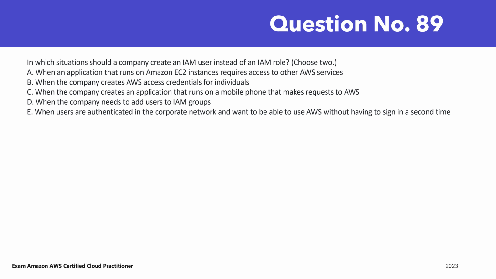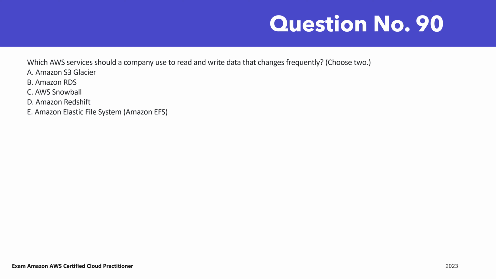D. When the company needs to add users to IAM groups. E. When users are authenticated in the corporate network and want to be able to use AWS without having to sign in a second time. Correct answer, B, D.